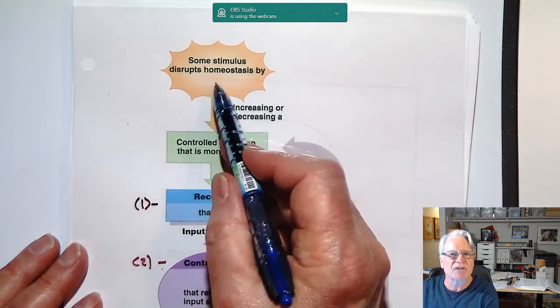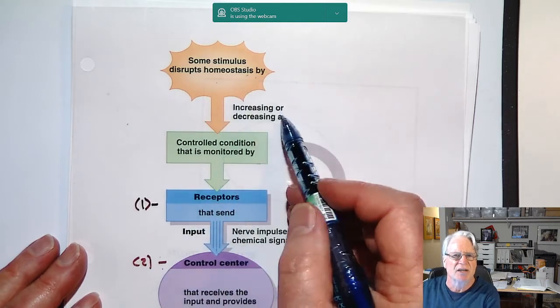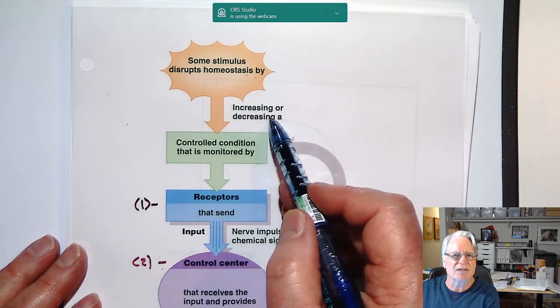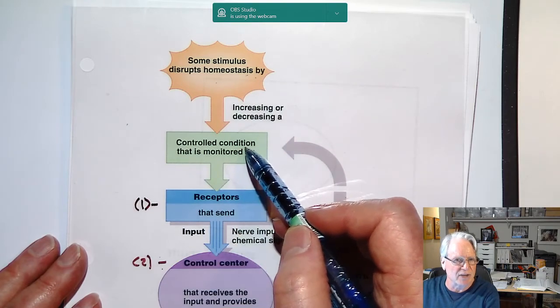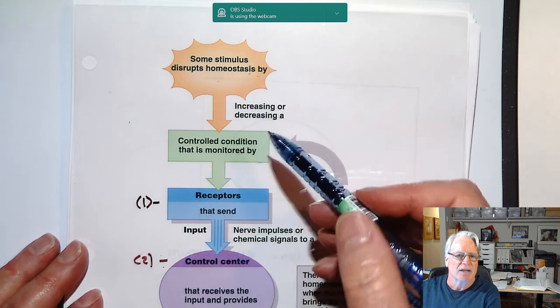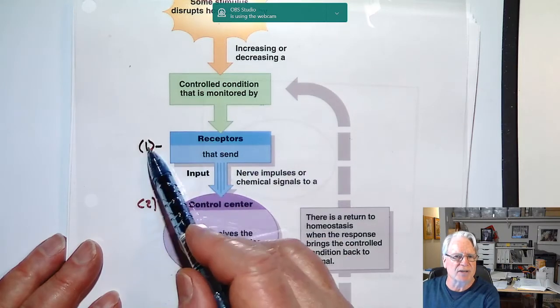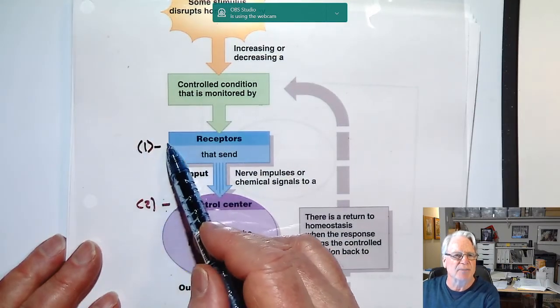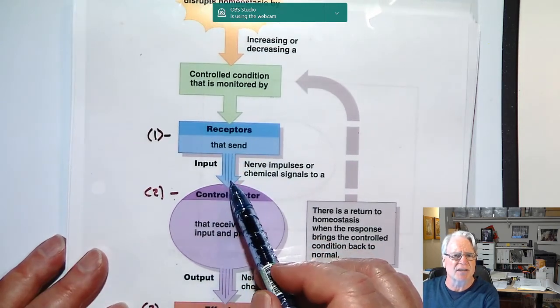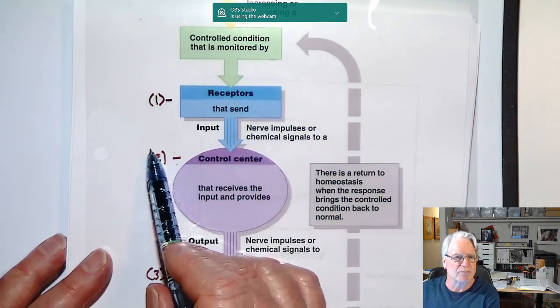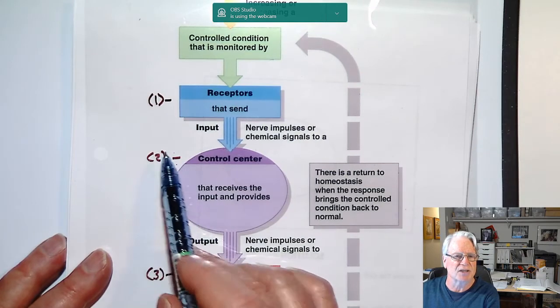So we have some stimulus disrupting homeostasis by increasing or decreasing that value. So we have a controlled condition, which is the value, that is being monitored. And it's being monitored by receptors. So that's our first bit of the puzzle, the receptors. Those receptors are then going to send the signal, that's the input, to the second part of our puzzle, which was the control center.